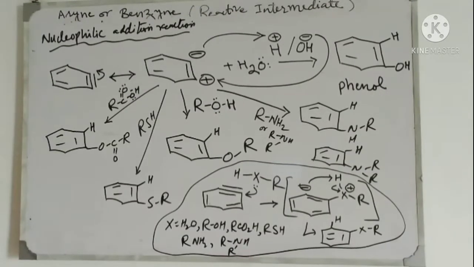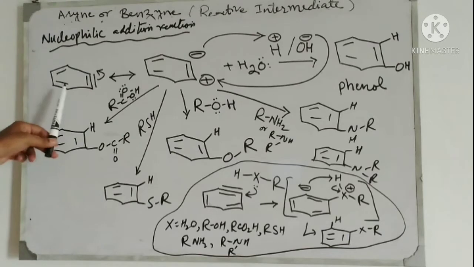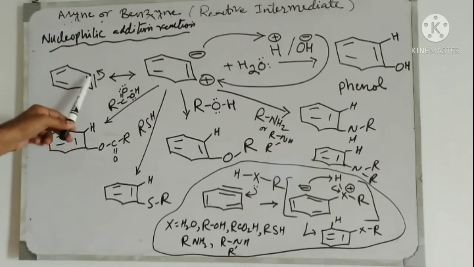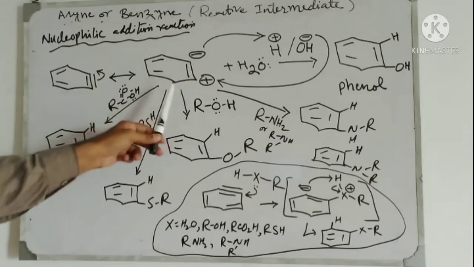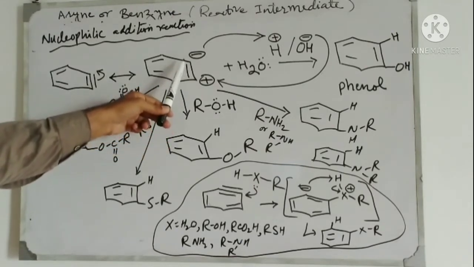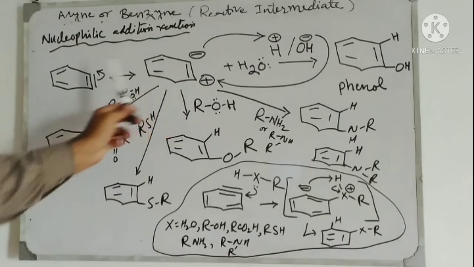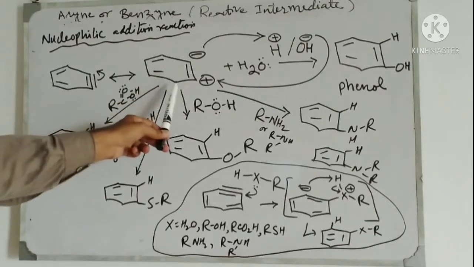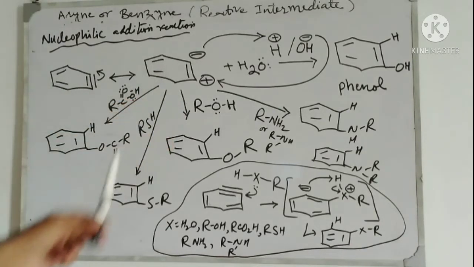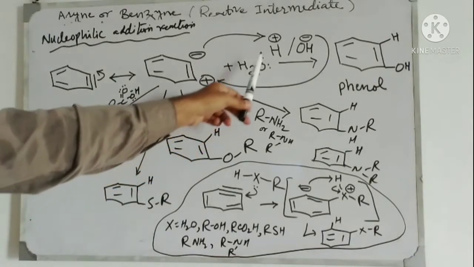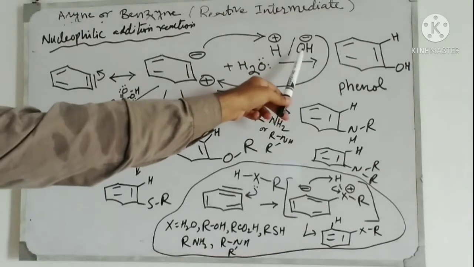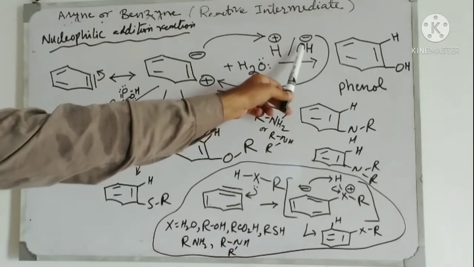So this is the first reaction of benzyne, nucleophilic addition. This is the structure of benzyne. If we shift these 2 electrons over here, we get a resonance form, a 1,2 dipole. When we add a nucleophile like a water molecule, it has two parts: an electrophilic part, the proton, and a nucleophilic part, the hydroxide ion.